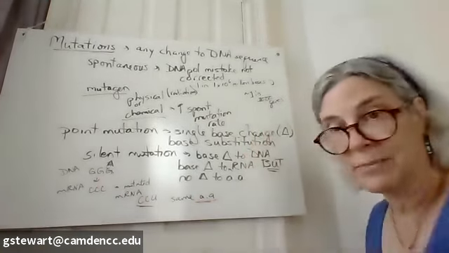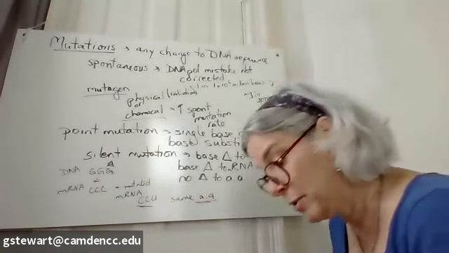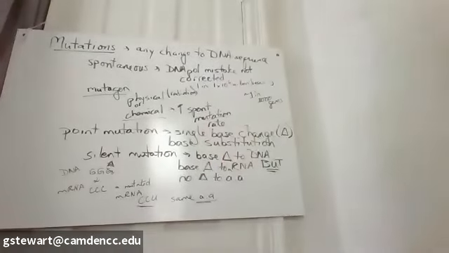So it's silent because we still get the same amino acid, so the protein is okay. I'm going to just check that real fast to make sure that that's an accurate example. Yes, CC anything codes for proline. Sorry. So that would be a good example of a silent mutation.